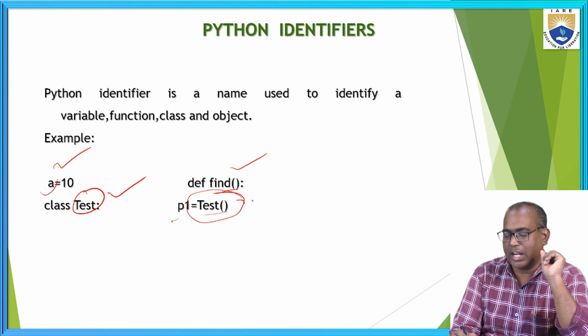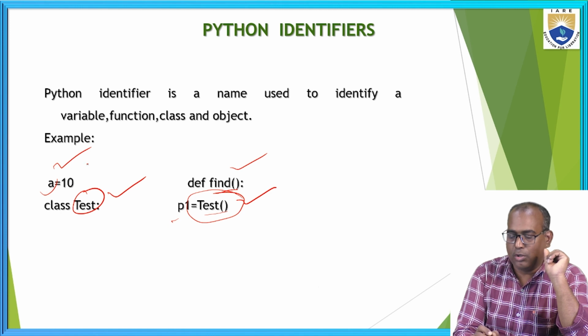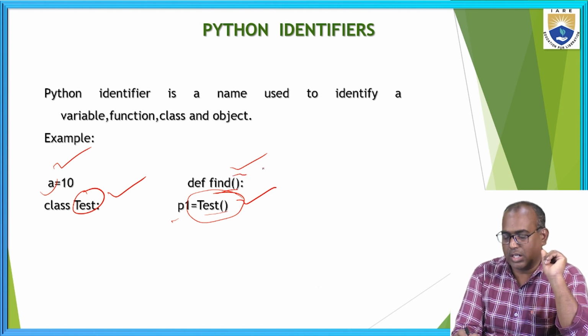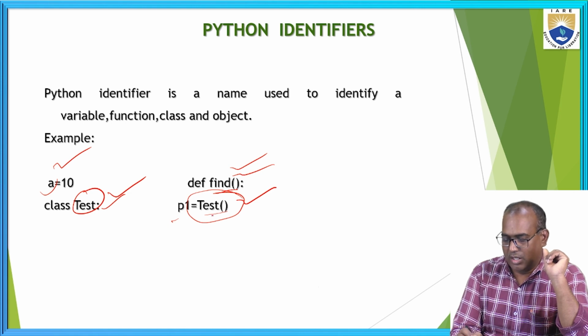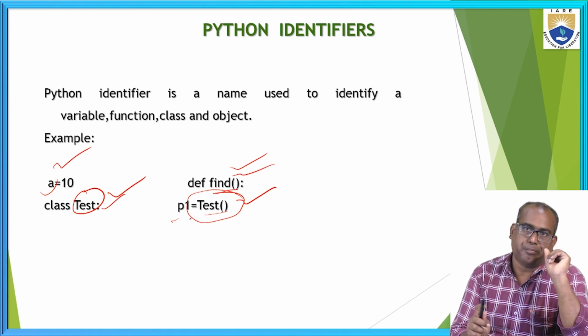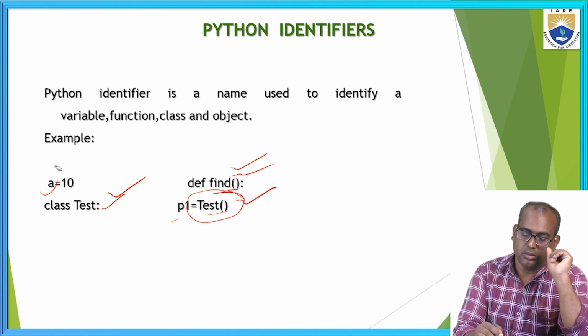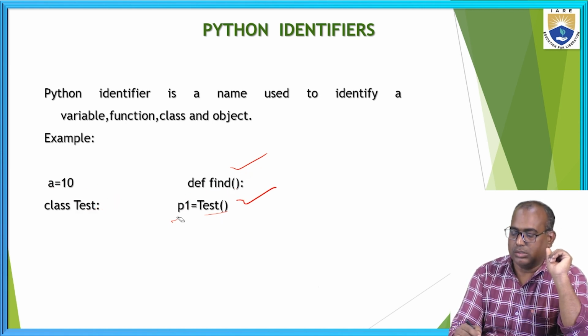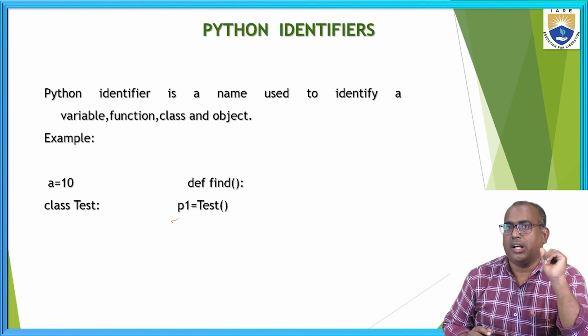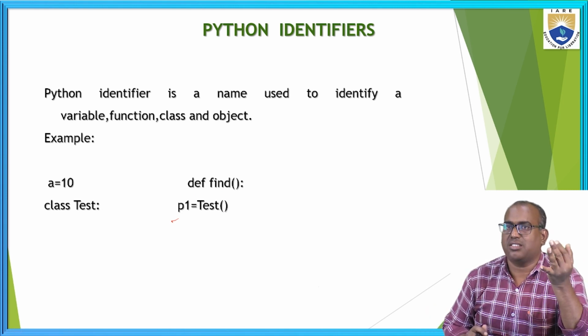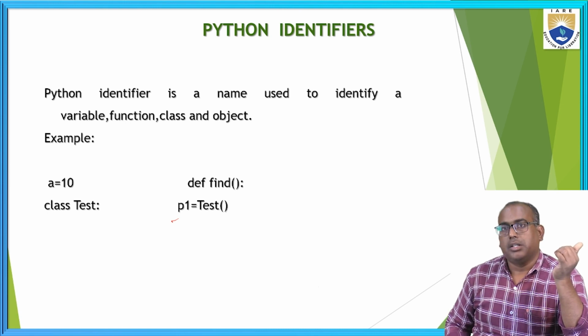Okay, this is one identifier. This variable name is also an identifier, function name is also an identifier, class name is an identifier. Here the object name is also an identifier. An identifier is nothing but a name given to the variables, functions, classes, objects.